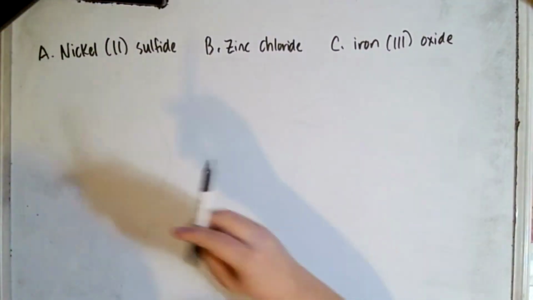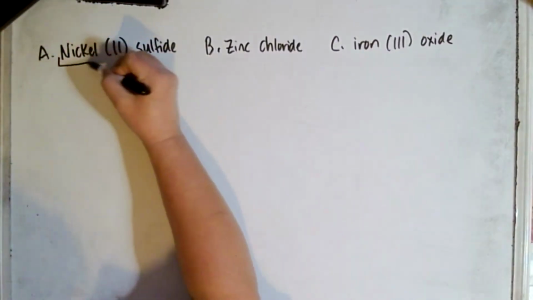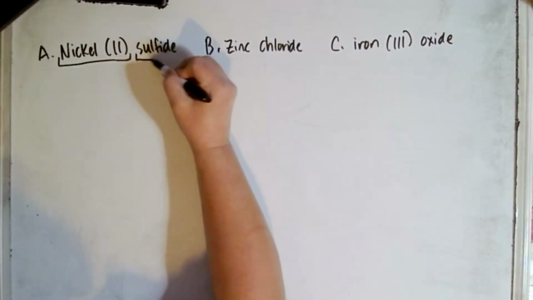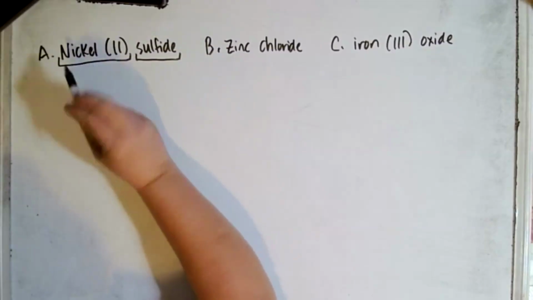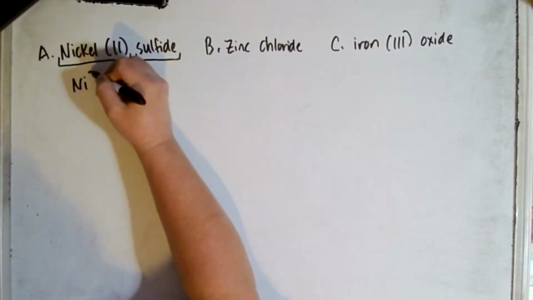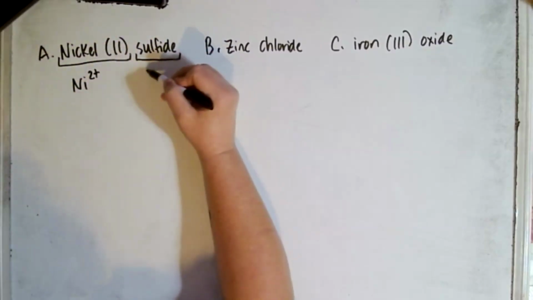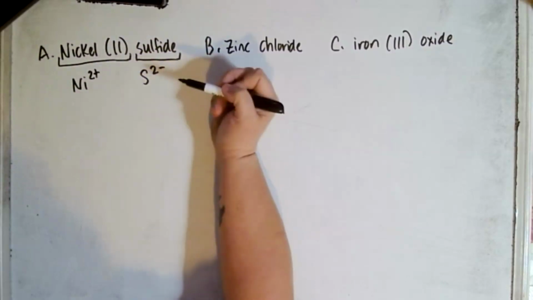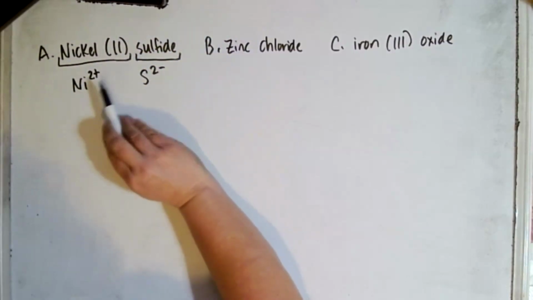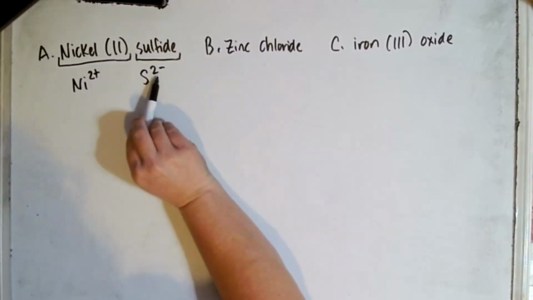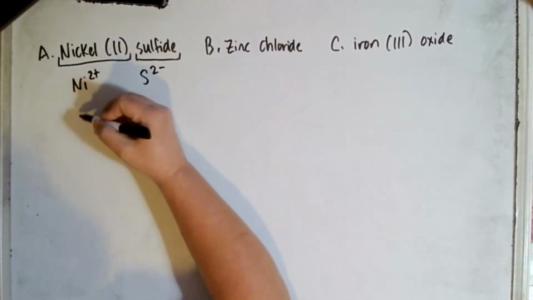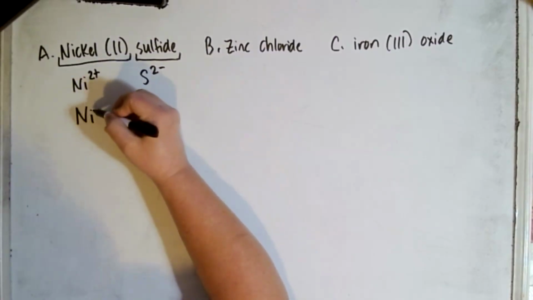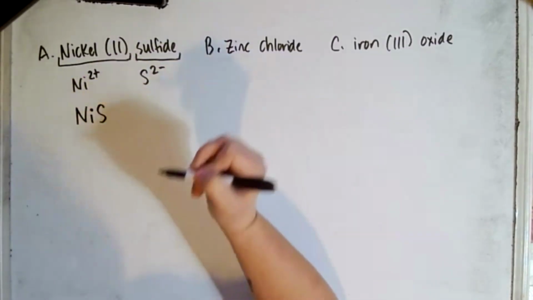Okay, so for each of these, we can start by writing out our symbols and our charges. Nickel with a +2 charge, sulfide, which has a -2 charge. So my charge numbers are already equal to each other, so I don't have to add any additional ions here. My formula is just going to be NiS.